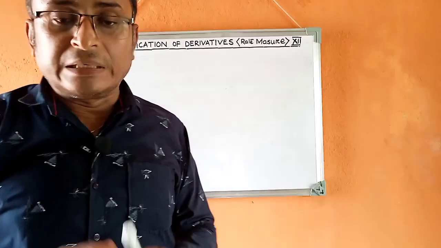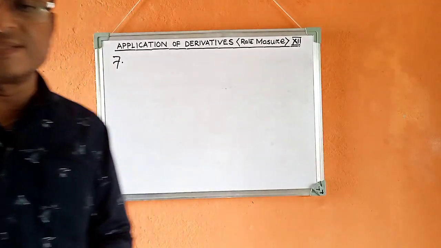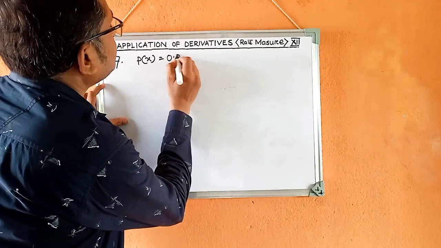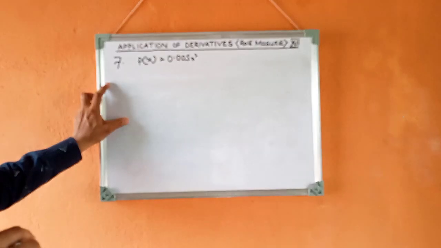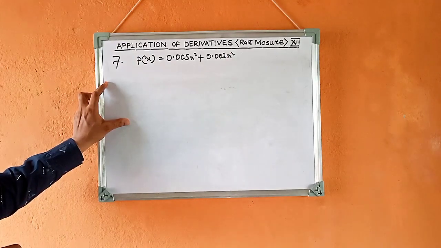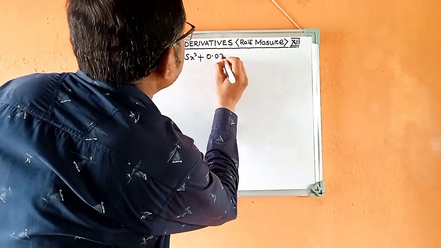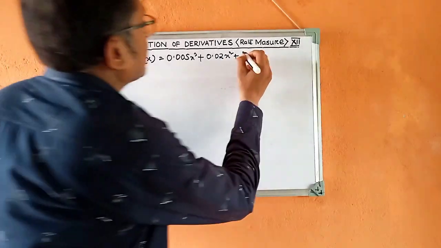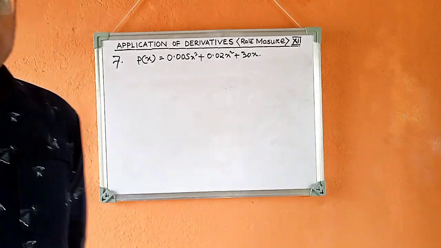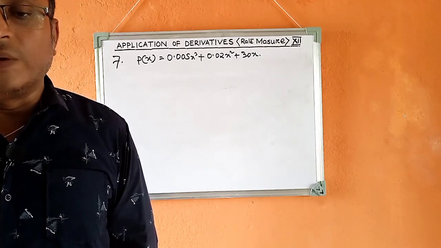The amount of pollution content added in air in a city due to x diesel vehicles is given by Px equal to 0.005 x cube plus 0.02 x square plus 30x.